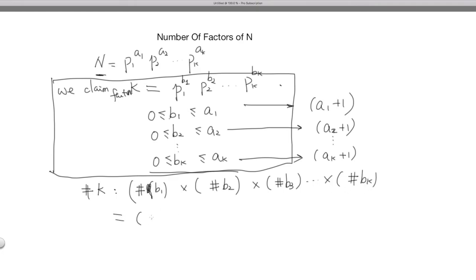And that equals (a1 plus 1) times (a2 plus 1) times ... times (ak plus 1). So this is the formula for the number of factors of a general number n, when n can be factorized into p1 to the power a1, p2 to the power a2, all the way to pk to the power ak.